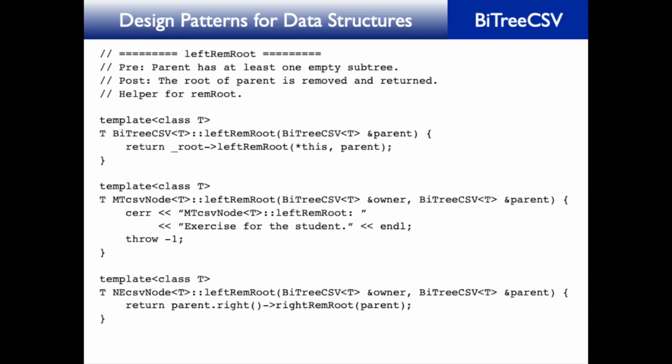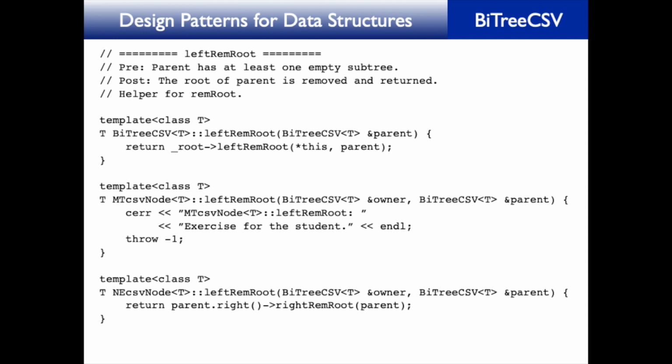Now, we are in the environment of the left subtree of the original tree. And as usual, the tree version calls the node version. So the tree version calls underscore root arrow left remroot star this and parent. So star this is the actual parameter that corresponds to owner, and parent gets passed along as parent.